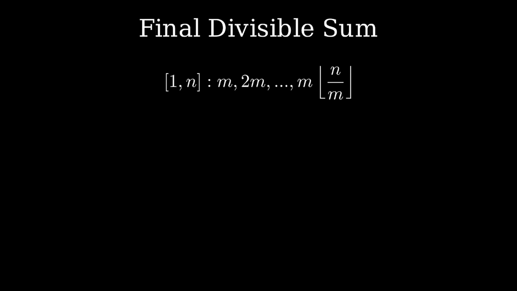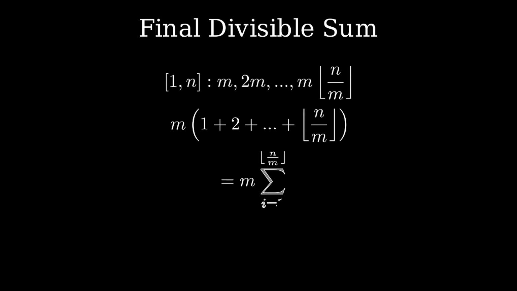So we'll write m, 2m, 3m, etc., until m times floor of n over m. We can do the same thing as before: factor out the m, and then we get the integers 1 through floor of n over m. And we can write this as a sum as well: m times the sum from i equals 1 to floor of n over m of i. So that's our final sum.